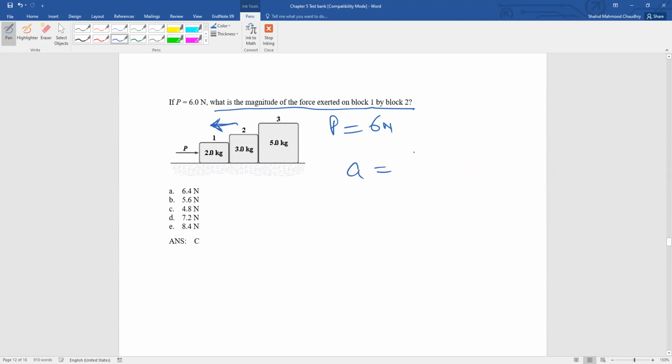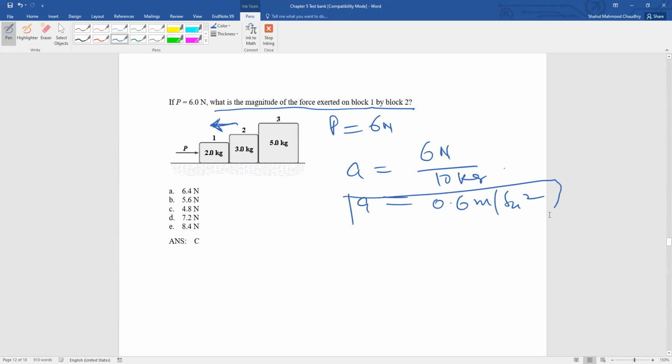The force applied, 6 Newton, divided by the total mass, 5 plus 3 plus 2 is 10 kg. This is equal to 0.6 meter per second square. So you have found the acceleration.